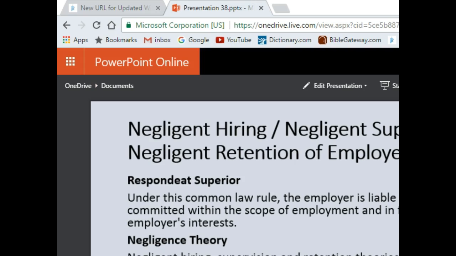Negligent hiring, supervision and retention theories have been used to impose liability in cases where an employee commits an intentional tort, but outside of the scope of their employment, against a customer, the general public, or even co-employees and others within a workplace setting. The theory is that the employer knew or should have known, there you go with the negligence aspect, that the employee had a propensity to commit harm, but the employer was negligent in preventing such harm from occurring.